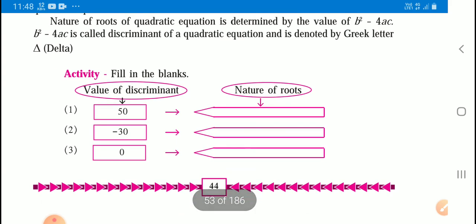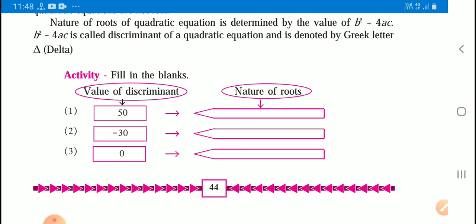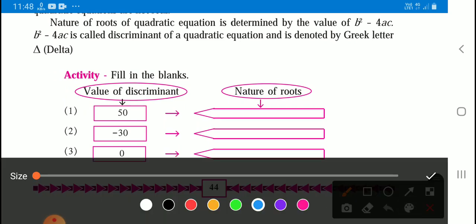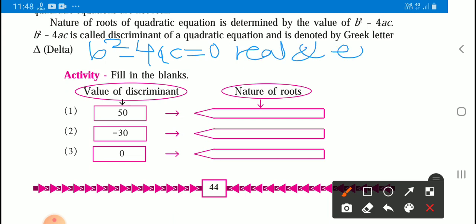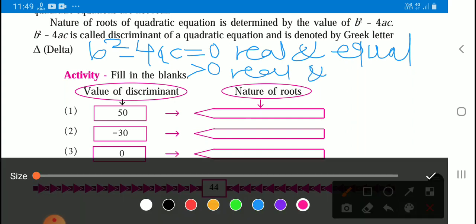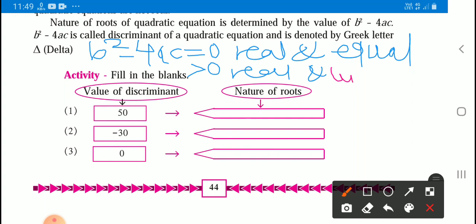Now look here, one more time I will repeat. If the value b square minus 4ac is equal to 0, then the roots are real and equal. If it is greater than 0, then the roots are real and unequal.